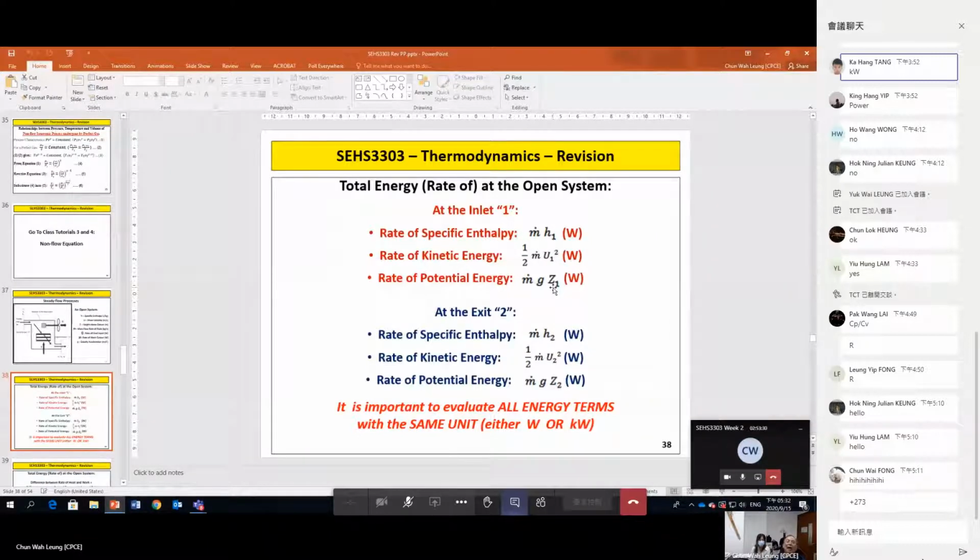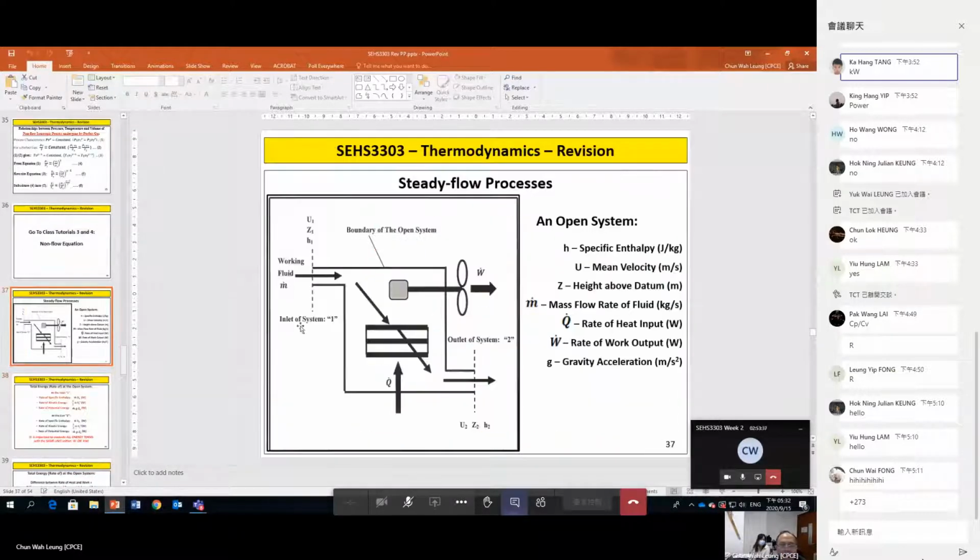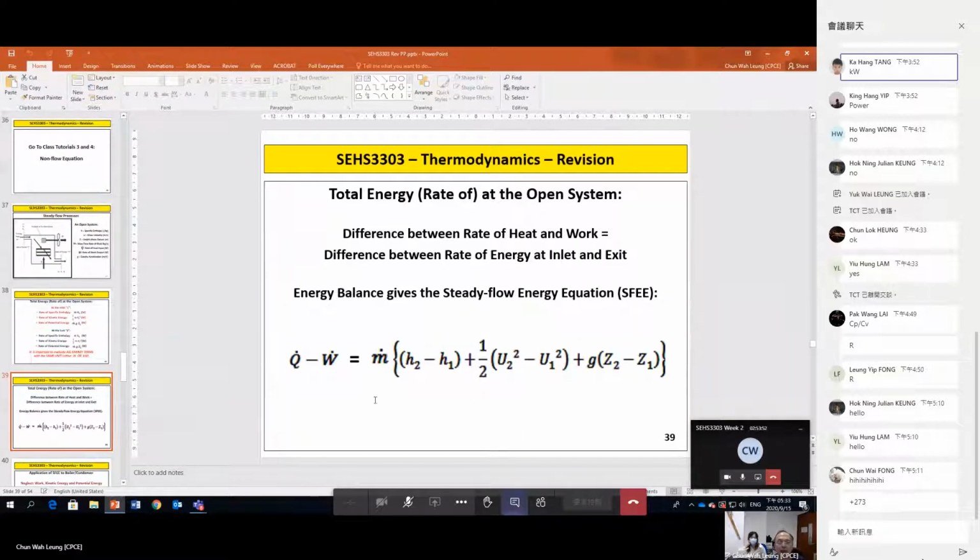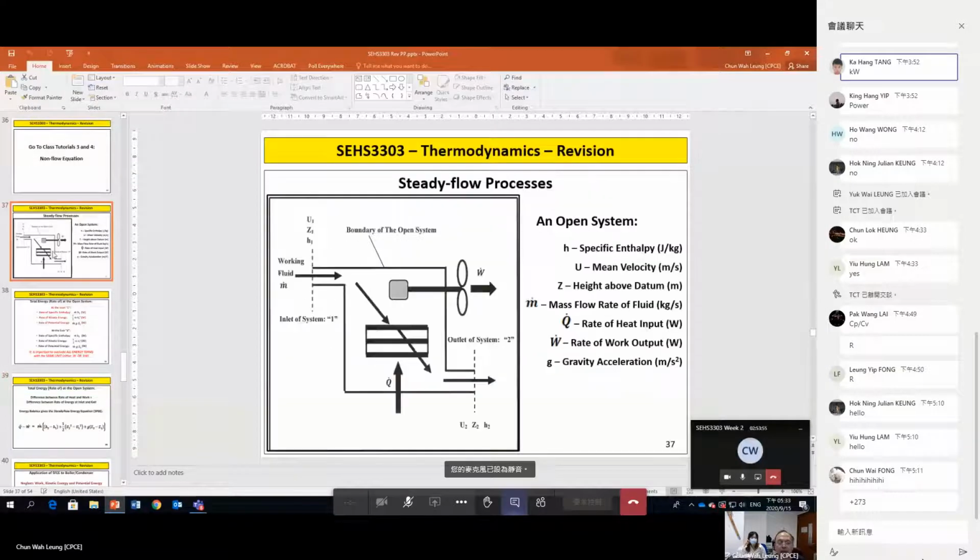Three kinds. At the exit 2, also three kinds. And inside the system, we also have the energy transfer as rate of heat input and rate of work output. So inside here, we also have these two. We have energy input as Q dot, energy output as W dot.